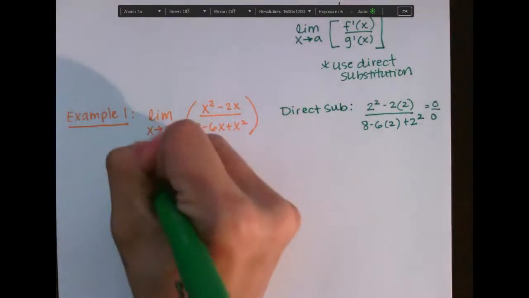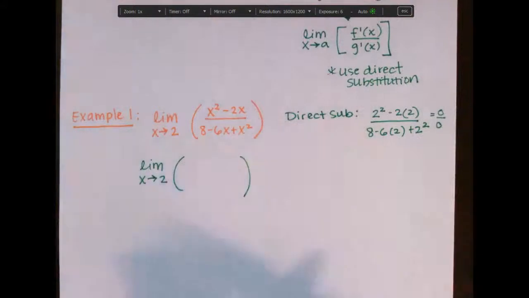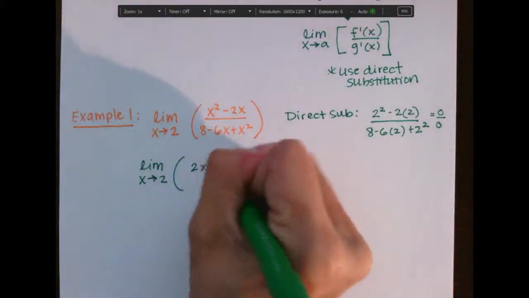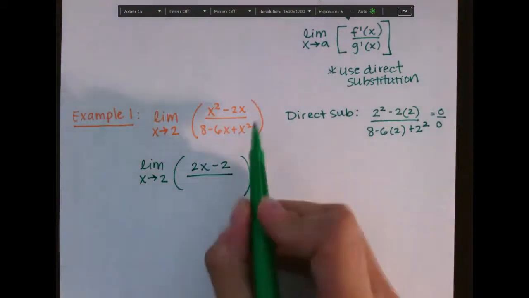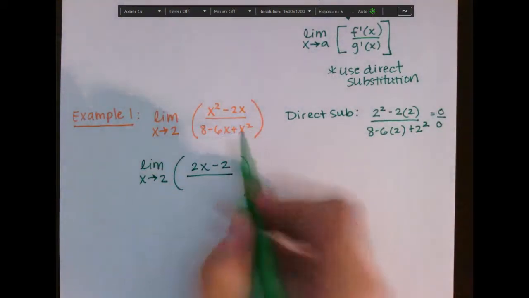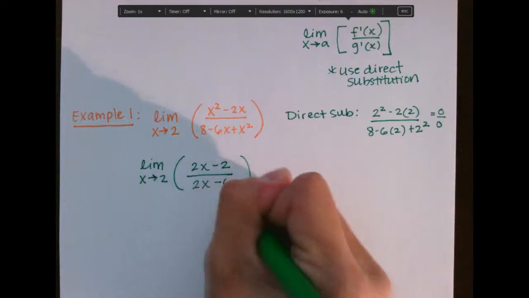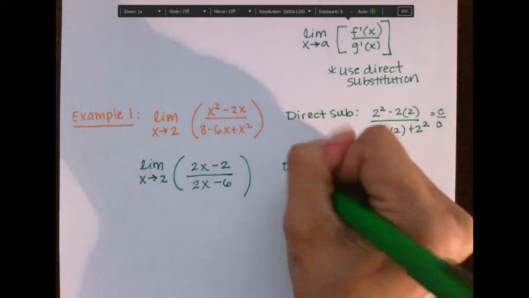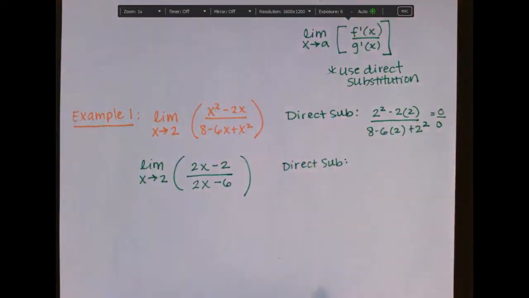What I'm going to do is take the derivative of each part. I'm going to take the derivative of the top, 2x minus 2, and the derivative of the bottom, which I'll write in descending order, so that'll be 2x minus 6. Now we can use direct substitution to evaluate that limit.